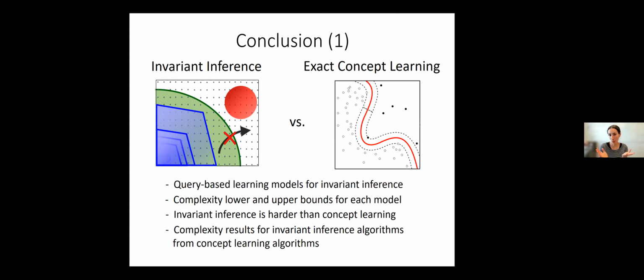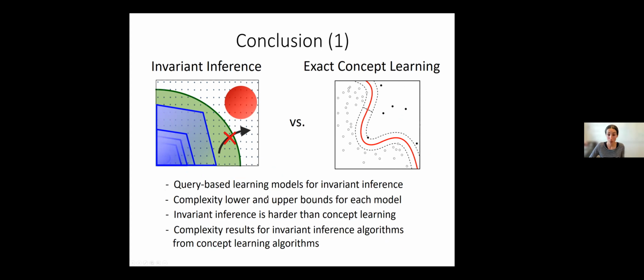So basically, what we did here, we looked at SAT-based invariant inference, tried to compare it to exact concept learning. To do that, we first introduced a model of inference that relies on queries to a SAT solver, and we consider two kinds of queries: the inductiveness queries and the Hoare queries.